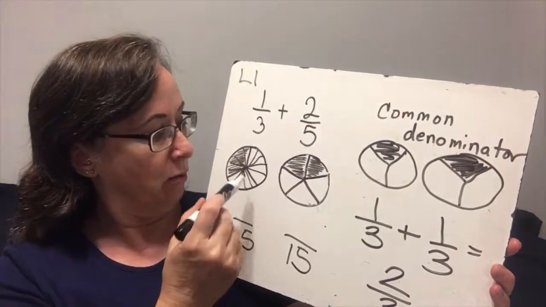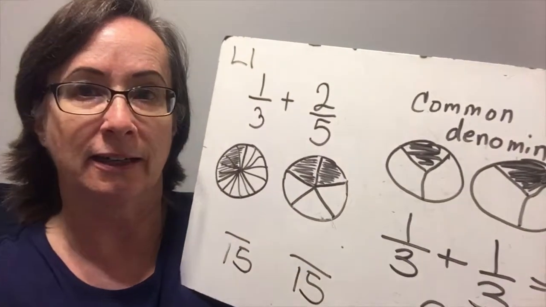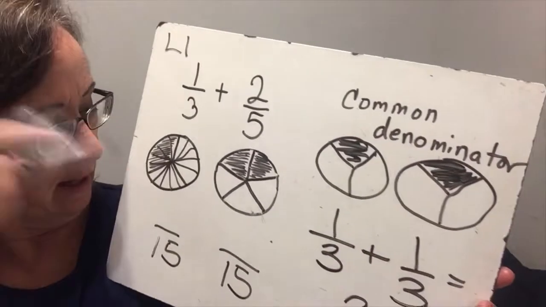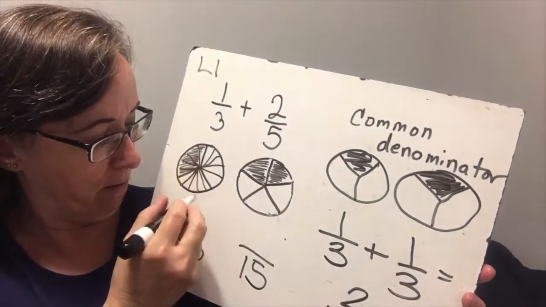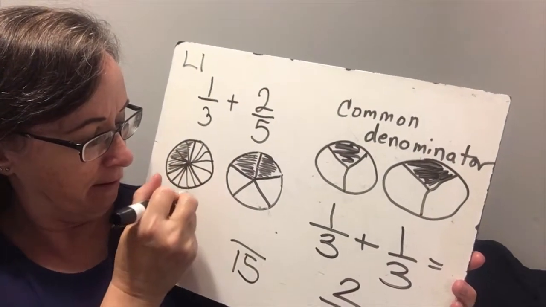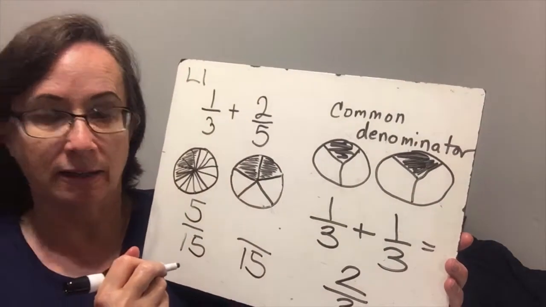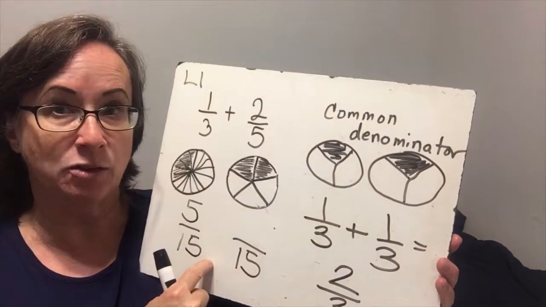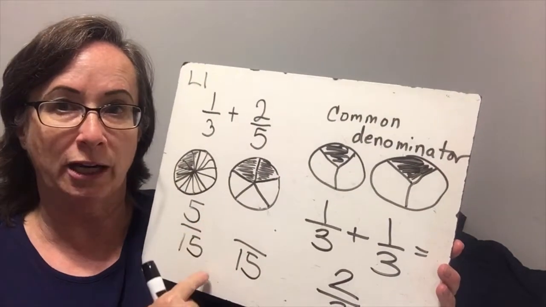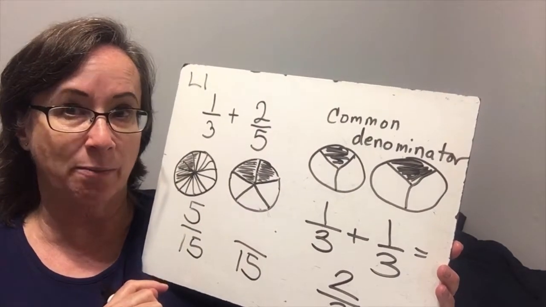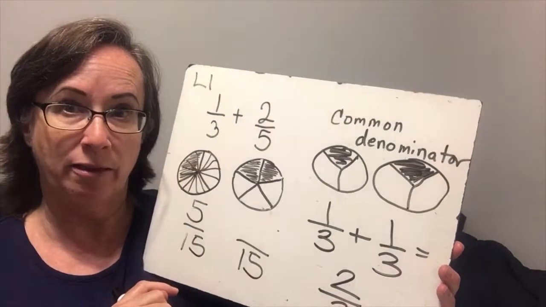Okay, so when I look at this, can you see it? This that was shaded 1/3 is now 5/15. Okay, so 5 out of 15ths would simplify to 1/3. If I divide the numerator and the denominator by the same number 5, wouldn't I get 1/3?